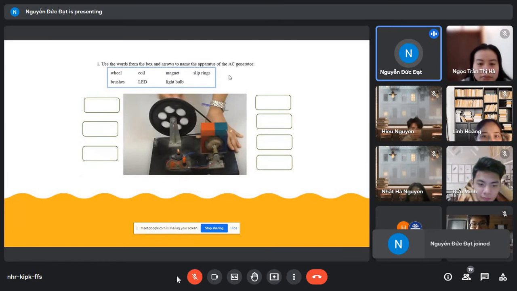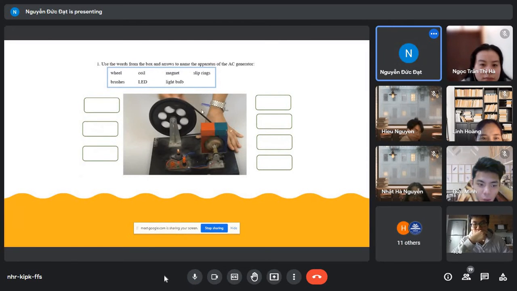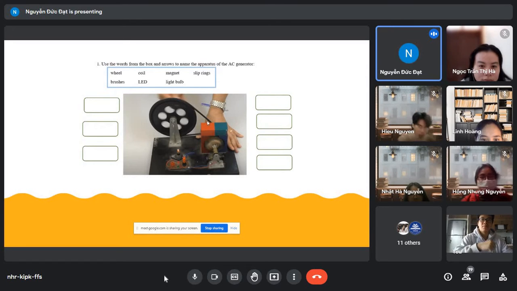Can you guys see my PowerPoint screen? Yes. Okay, thank you. Here I have several components. I want you to use the word in the box here to name the component.